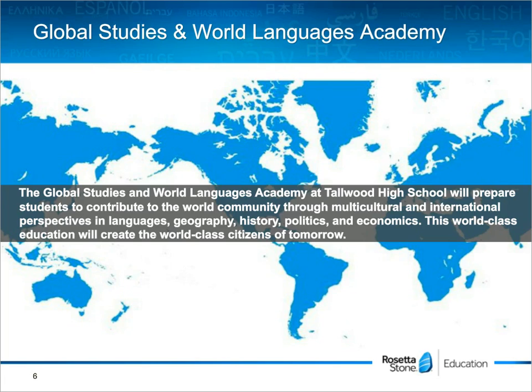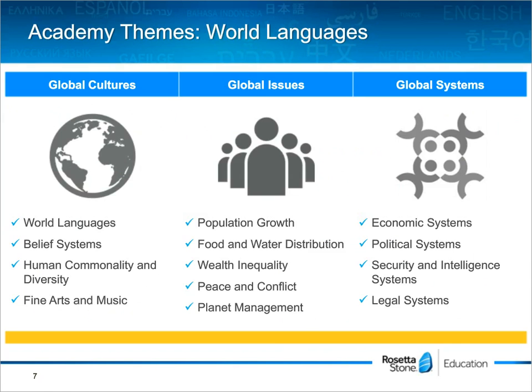This graphic shows the global connections of our academy. All of the themes that students study are integrated into their courses. Through this study, they learn what it means not to just be an American citizen, but what it means to become a world citizen, students who are aware and sensitive to the needs of others. That's what we strive for at this academy.